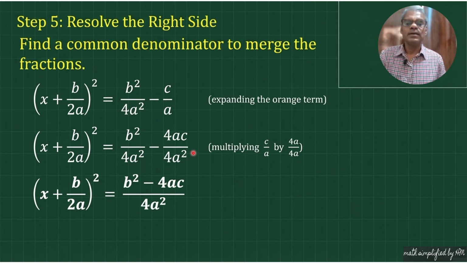Simplifying the right hand side, we get b square upon 4a square minus 4ac upon 4a square. As now the denominators are equal, their numerators can be easily added. So we get (x plus b upon 2a) whole square is equal to b square minus 4ac upon 4a square.